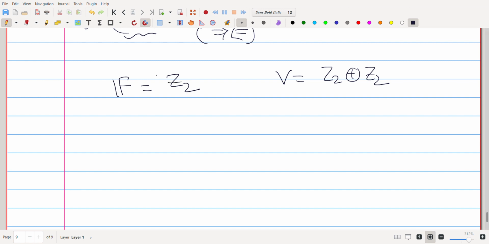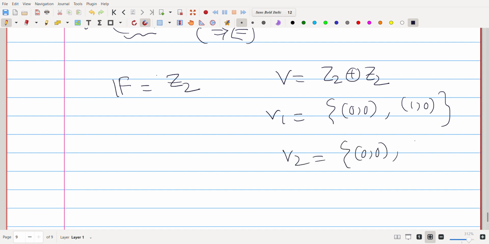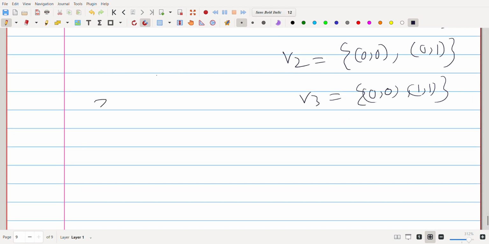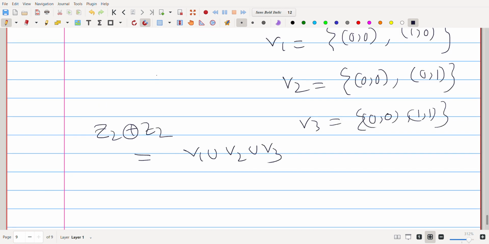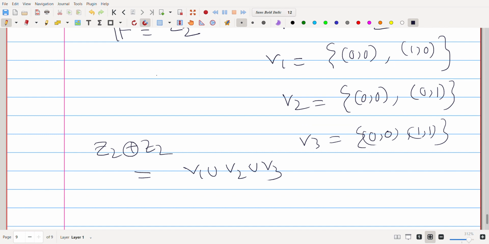Now take the subspace V1 as (0,0),(1,0), V2 as (0,0),(0,1), V3 as (0,0),(1,1). Take all of its union, you will see that this equals V1 union V2 union V3. So it is a union of three proper subspaces. Okay. So the second one is correct, first one is false.